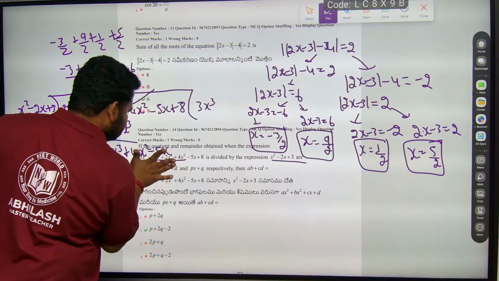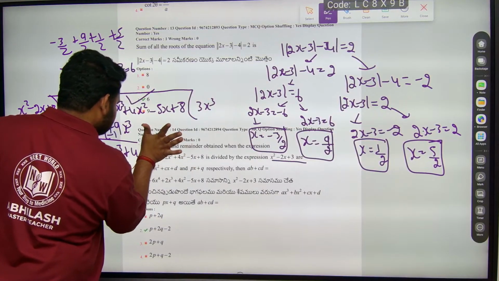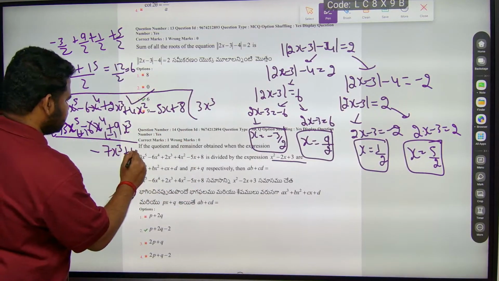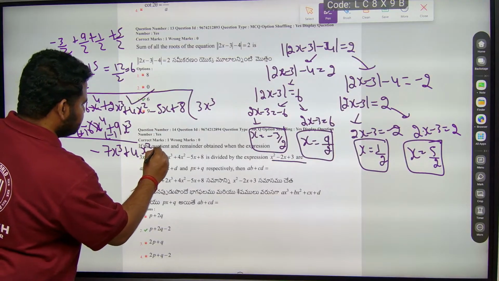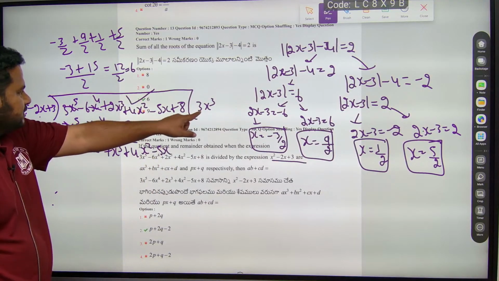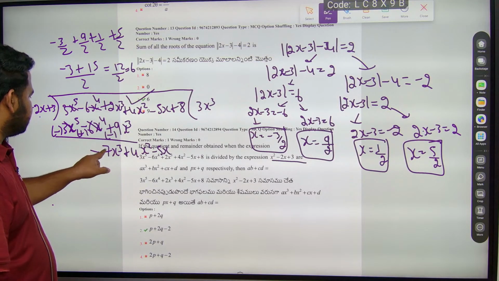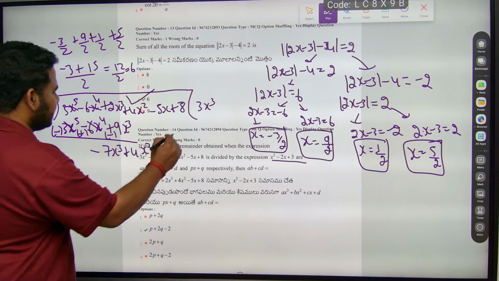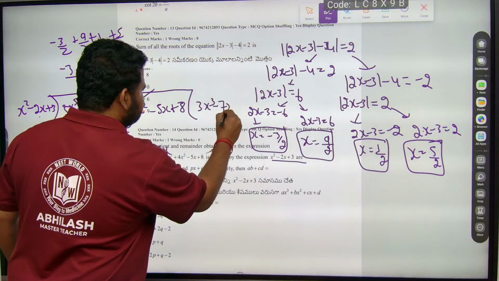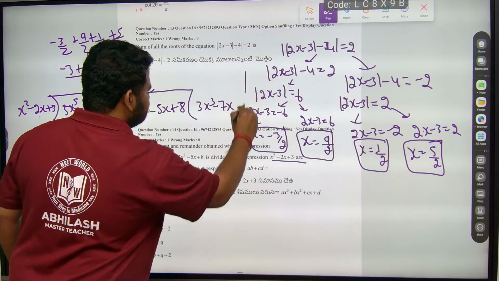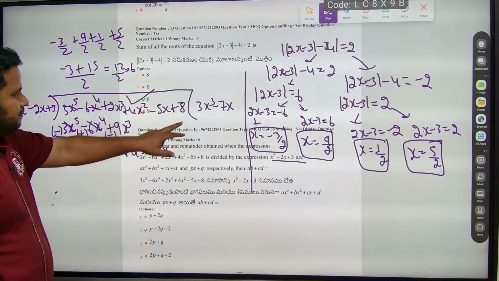Just a minute. This is what I will have, 4x square minus 5x. Now in the quotient, what should I write? x cube is there, 7x cube is there. So I should write here minus 7x.